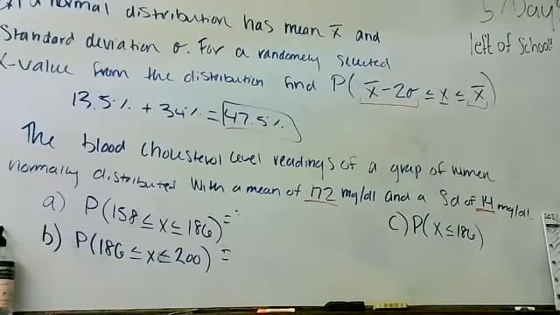Because X bar means mean. So if my X bar, my mean, is 172, it goes up from here. So my X bar is literally 172. So I'm labeling this middle hash 172. And my sigma, or my standard deviation, is 14.